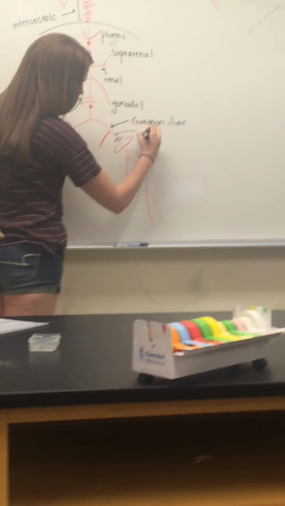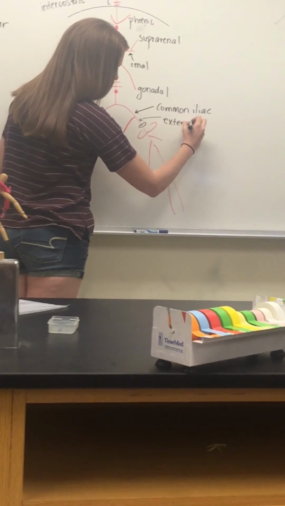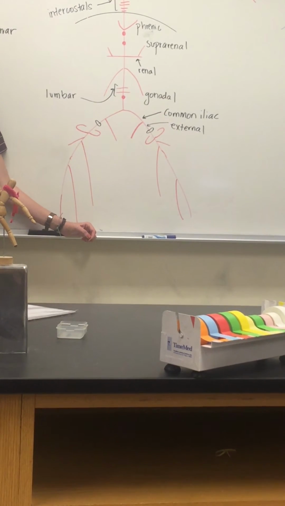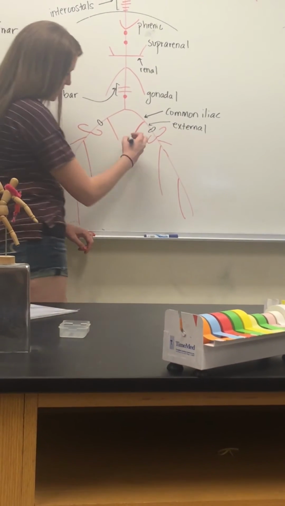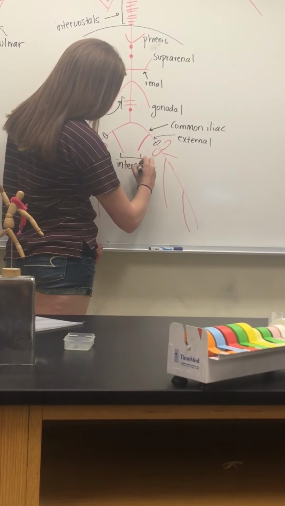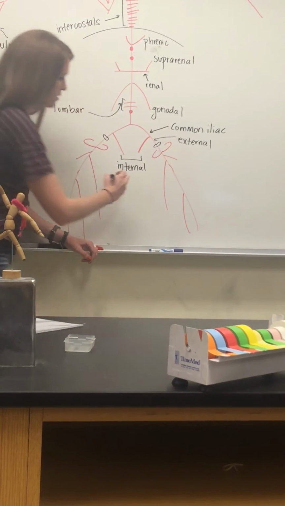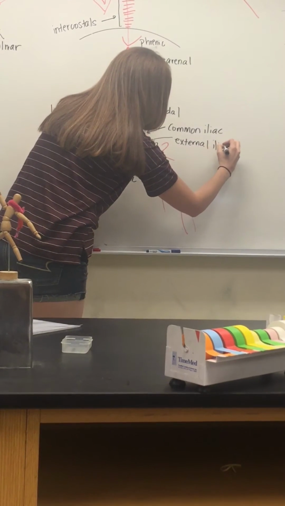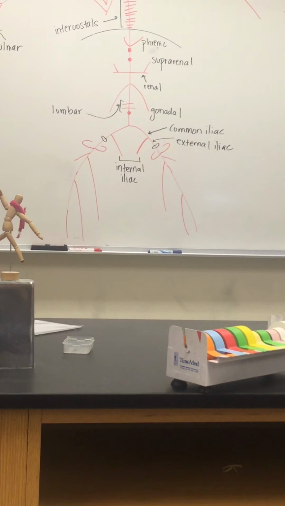The external iliac is the one that's going to go all the way down through the leg. It's going to become other things, but it goes all the way down the leg. The internal iliacs are going to stay inside.